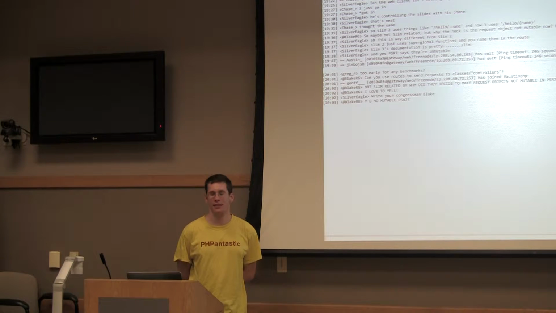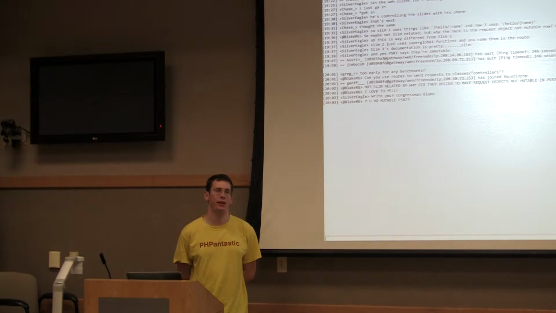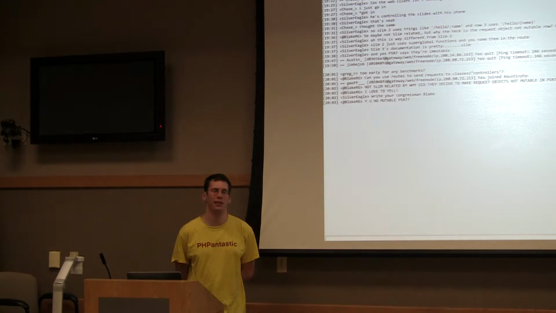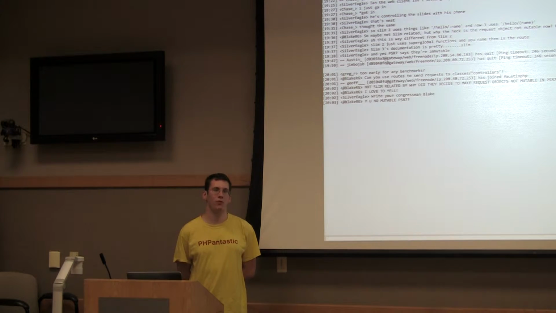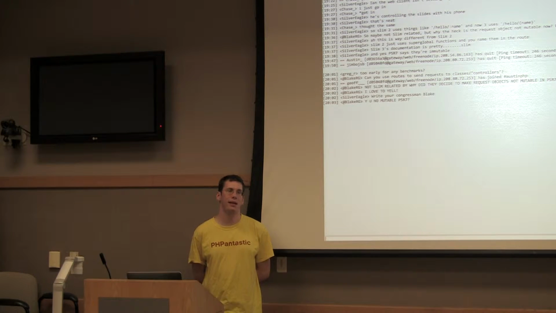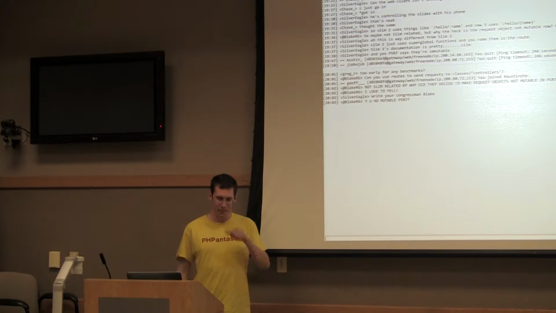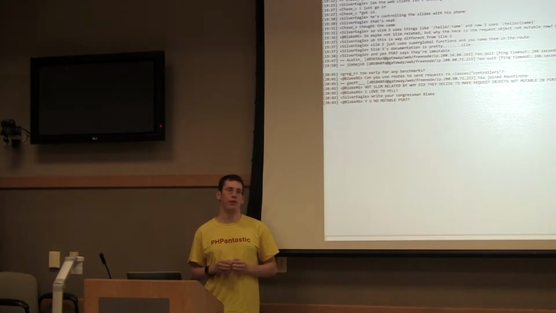The default way of constructing a Slim 3 application, so the equivalent would be calling new Slim on Slim 2, whereas now it's Slim app. The expected way of doing that in Slim 3 is you pass in the entire dependency injection container, whereas on Slim 2, you would pass in an array of configuration stuff. You can still do that in Slim 3. It's just kind of the older way of doing things.